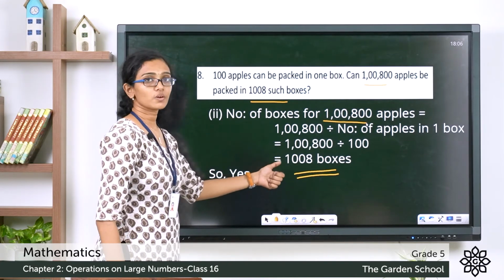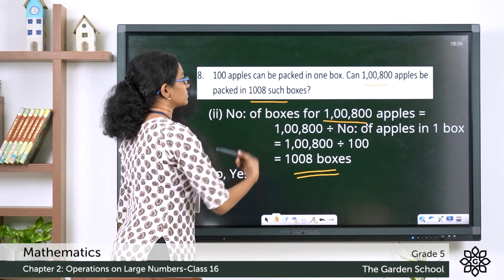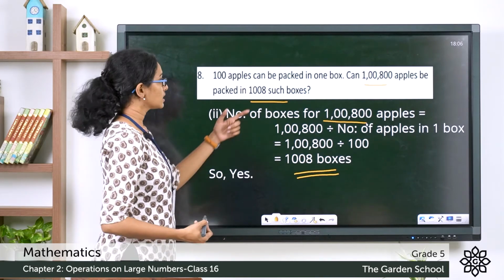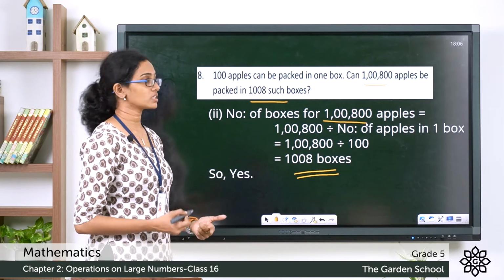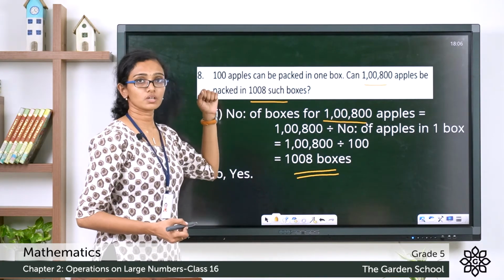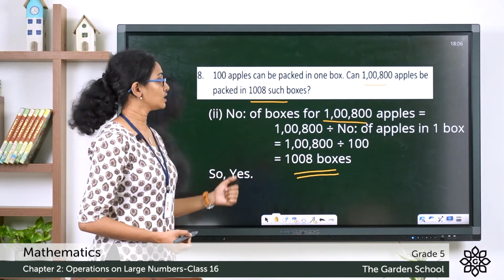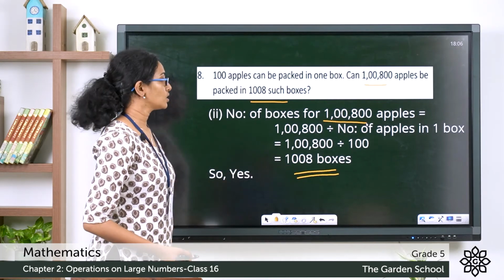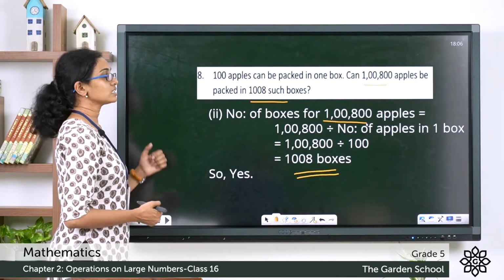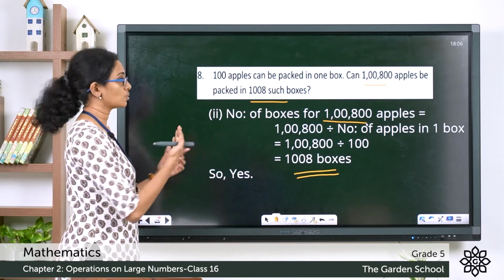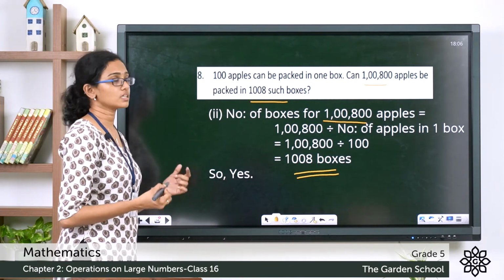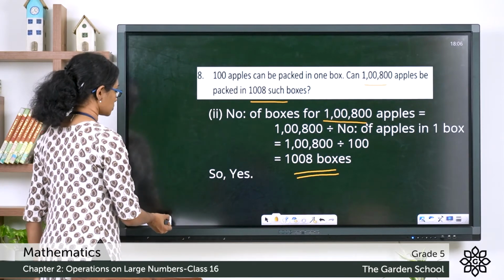So from this method also, yes, it's clear that these 1,08,000 apples can be packed in 1,008 boxes. Here we have used division to reach the conclusion. So like I said, this question can be approached in two ways. Our final conclusion is yes, we can pack 1,08,000 apples in 1,008 such boxes.